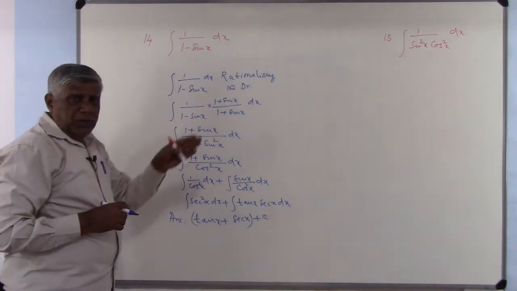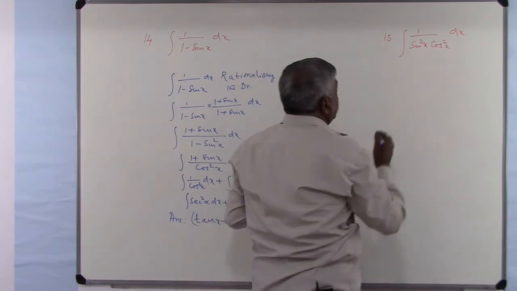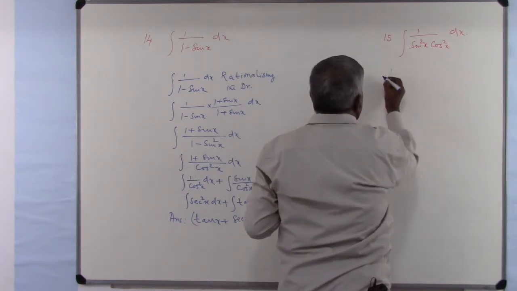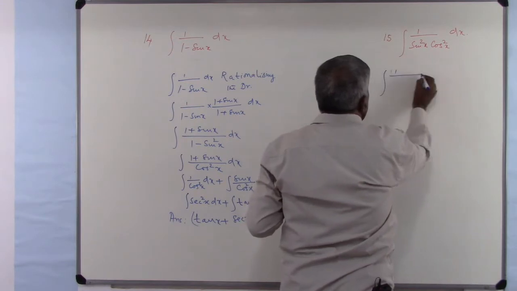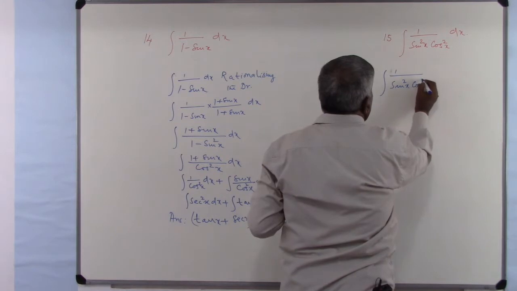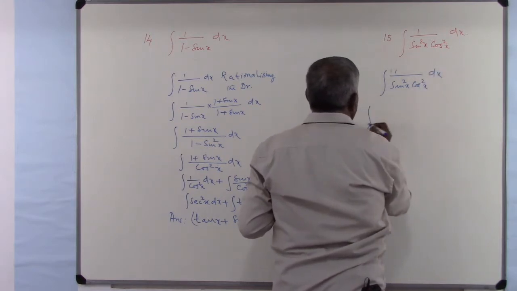Now we will go to the other problem. I will write the problem first: 1 over sin square x cos square x dx. I will do it like this.